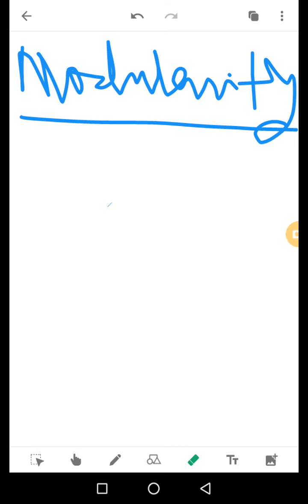Cohesion, I have discussed that one before. Cohesion is a qualitative indication of the degree to which a module focuses on just one thing.